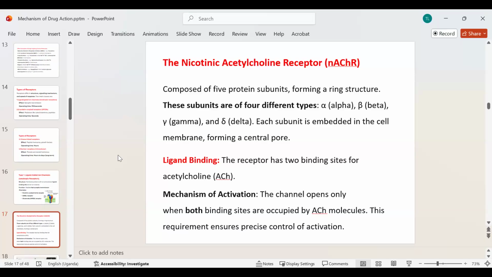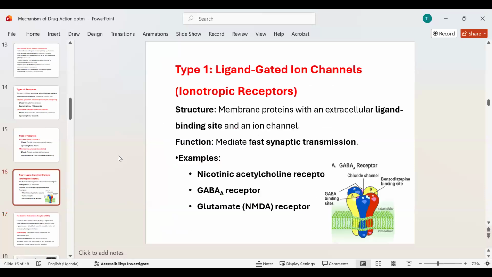So the ligand binding also happens with this type of receptor, and we see some ions, especially sodium, getting released. These are the examples you can give here: the nicotinic acetylcholine receptor, the GABA receptor, the glutamate receptor.